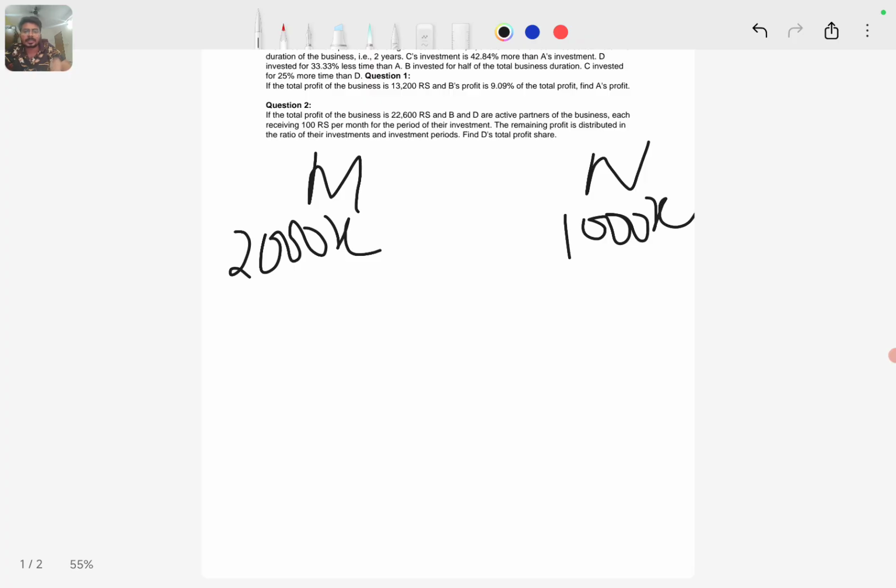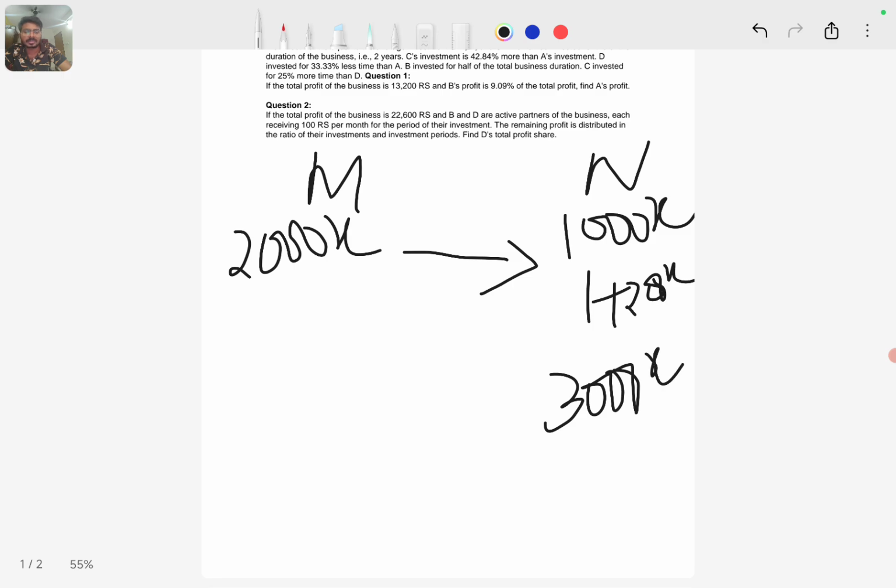Now the second part says add all the contents of mixture M into N. So 1000 plus 2000x means the resultant mixture will become 3000x liters.